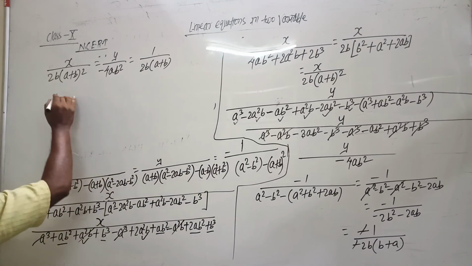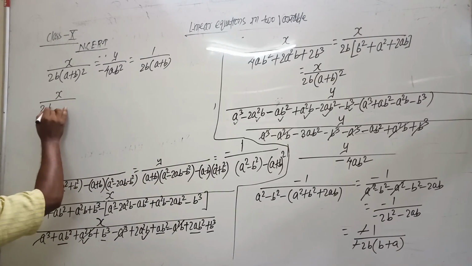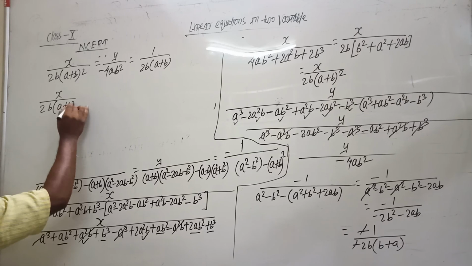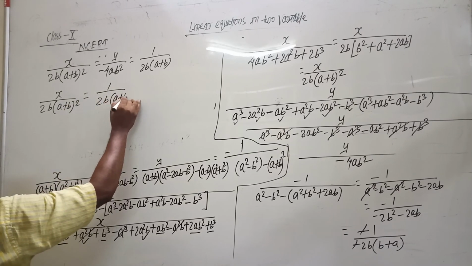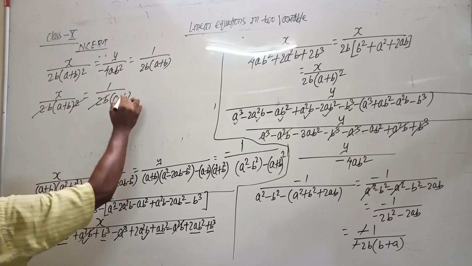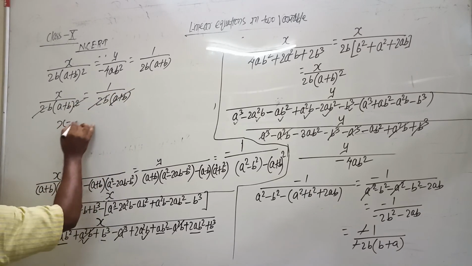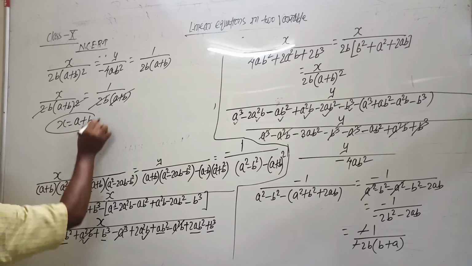From first and last, x upon 2b a plus b the whole square equals 1 upon 2b a plus b. So 2b cancelled, 1 times a plus b cancelled, and x comes to be a plus b.